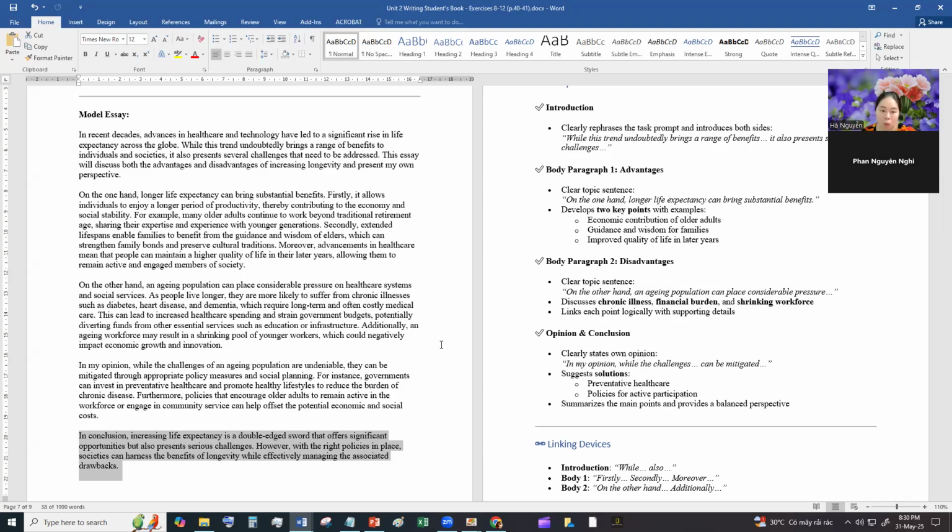So that's only one disadvantage, putting a strain on healthcare systems. Okay, talking about the health aspect, right? What is the other aspect of the disadvantages?